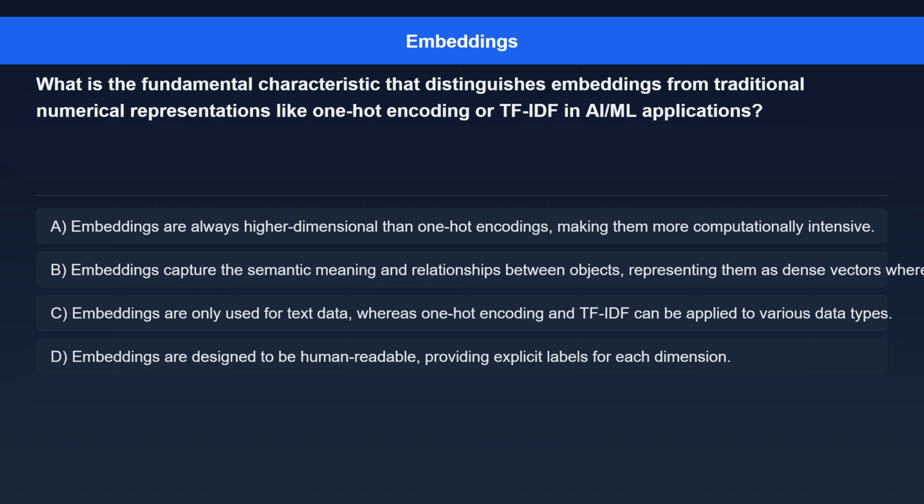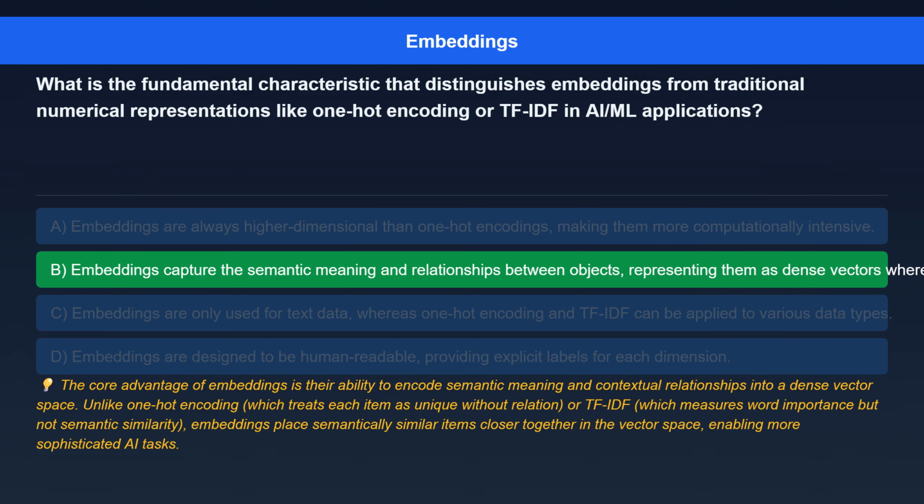Option B. Embeddings capture the semantic meaning and relationships between objects, representing them as dense vectors where similar items are numerically close. Option C. Embeddings are only used for text data, whereas one-hot encoding and TF-IDF can be applied to various data types. Option D. Embeddings are designed to be human-readable, providing explicit labels for each dimension.